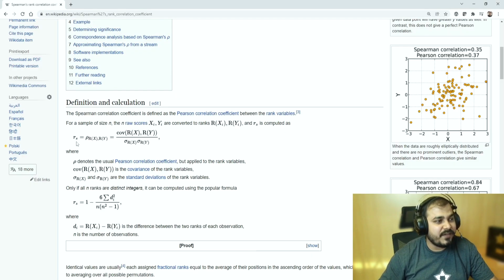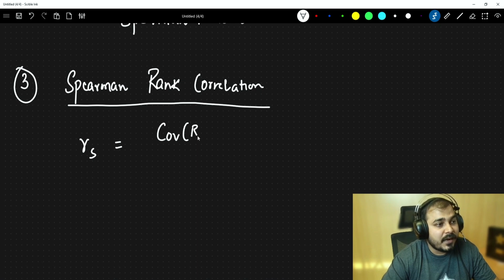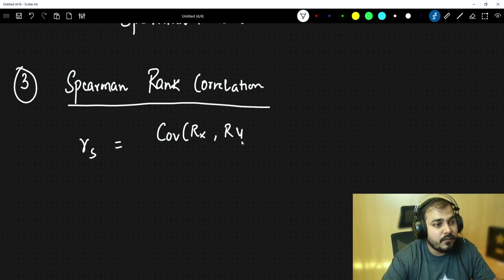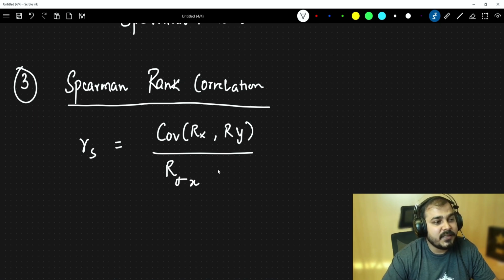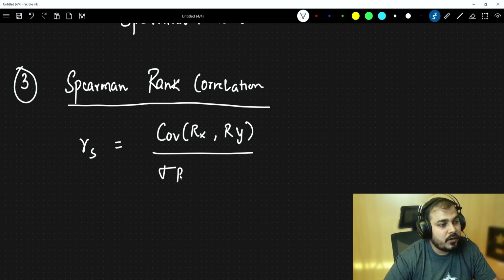It is given by R of S. Here R of S is nothing but covariance of rank of X comma rank of Y, divided by standard deviation of rank of X multiplied by standard deviation of rank of Y.